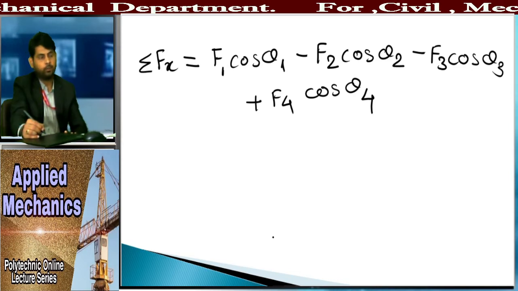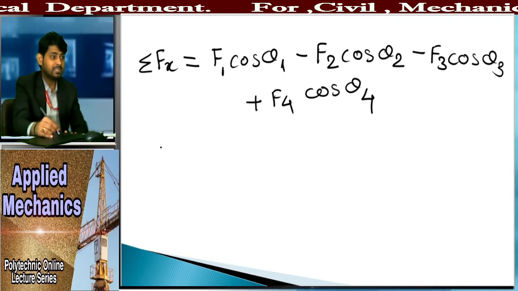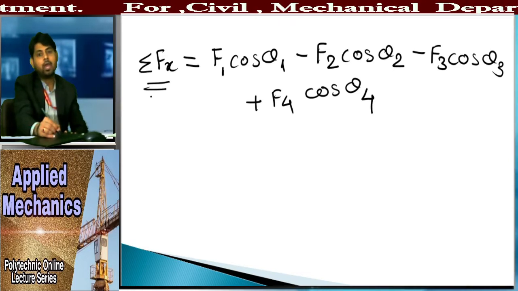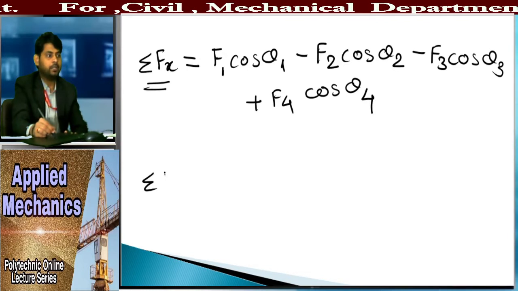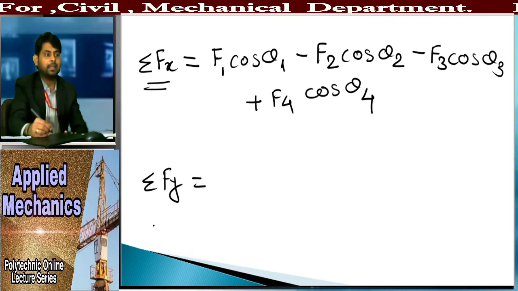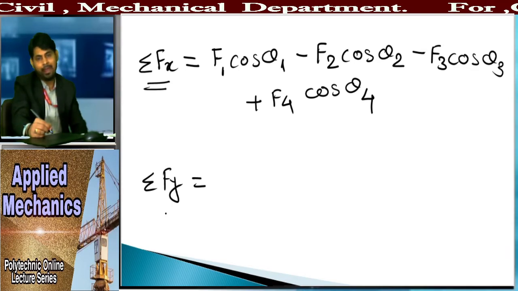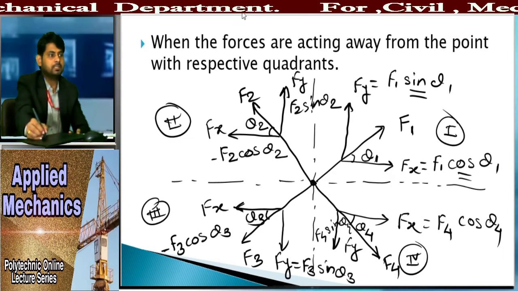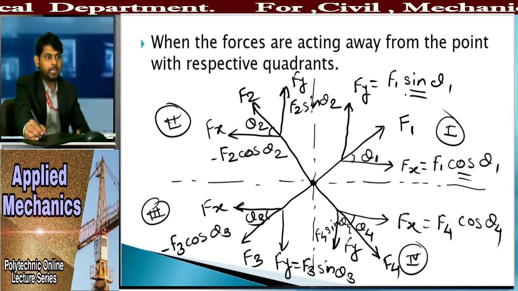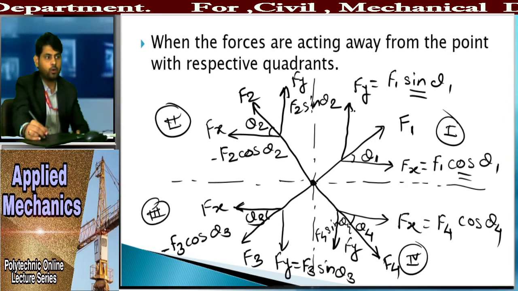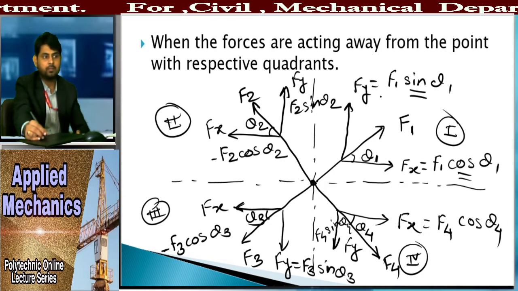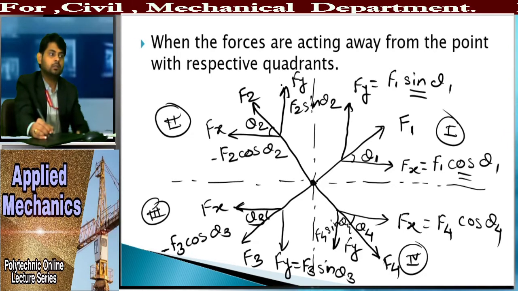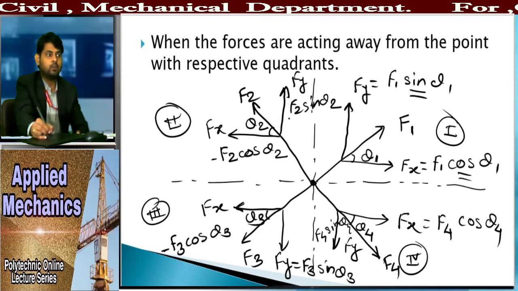Okay. Now see, these are the forces we are resolving in the horizontal direction. Now we have to resolve all the forces in the vertical. So we have to write like this: summation of all forces in the y-axis or vertical direction. Here you can see this is our first force, that is Fy, F1 sine theta 1, which is in the first quadrant. In the first quadrant, the value of y-axis is positive, so we take this positive. Now in the second quadrant, our second force, here also the value of y-axis is positive.